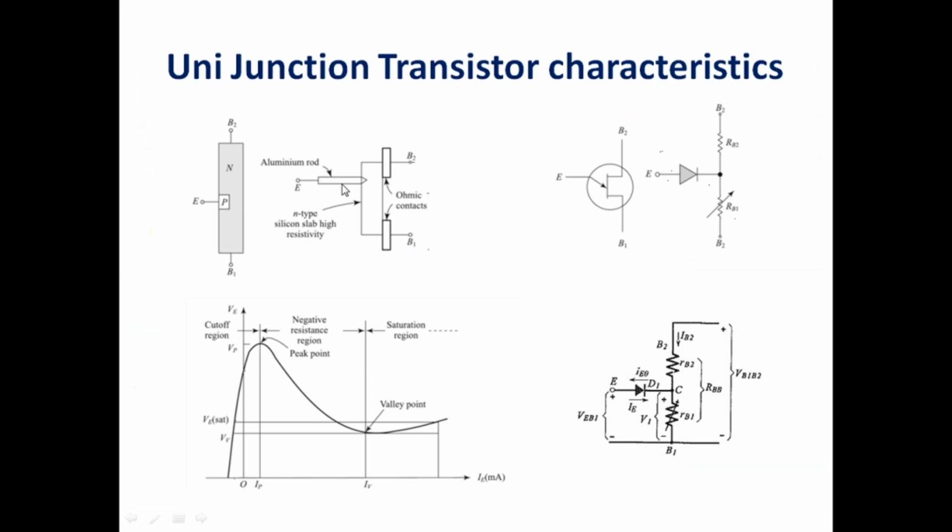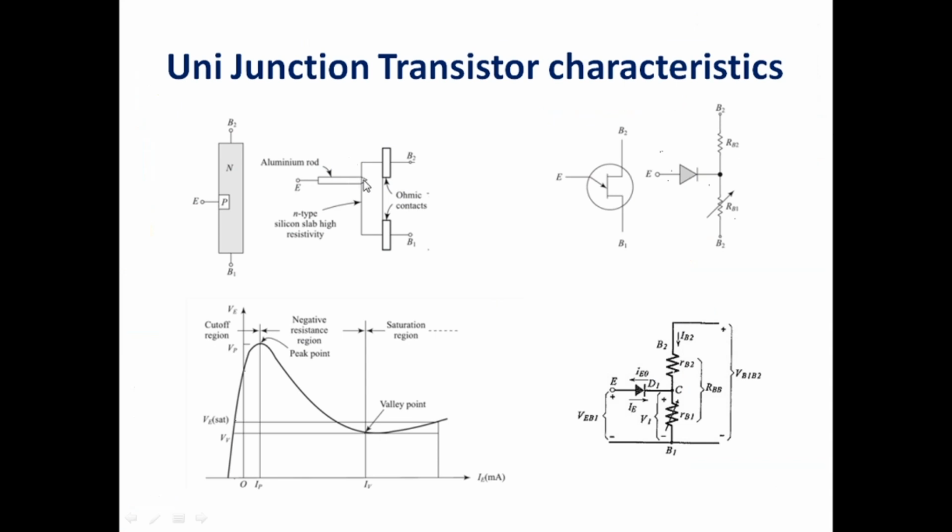Wherever the aluminum rod is connected to the n-type silicon slab, this aluminum rod is acting like a p-type material. That's the reason it is acting like a p-n junction diode.